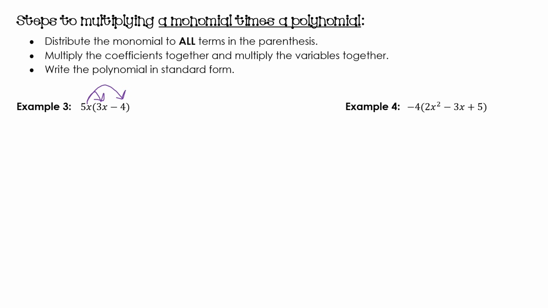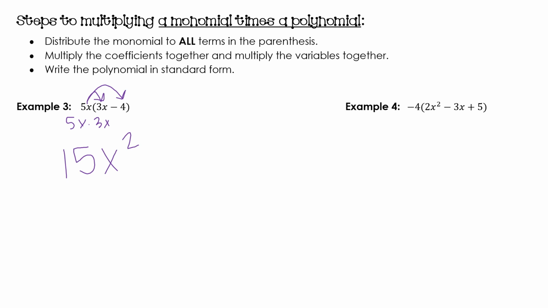You're multiplying the coefficients together, and then you are multiplying the variables together. And as a reminder, when you multiply x times x, you will get x squared. So I would multiply 5 times 3, which is 15, and x times x, which is x squared.